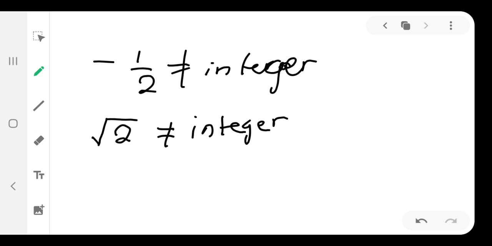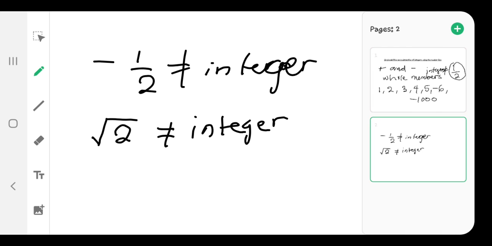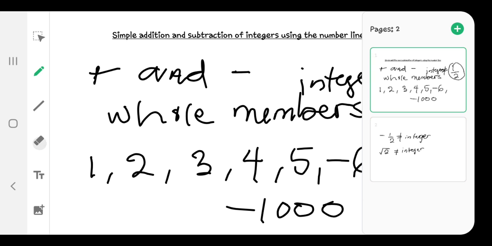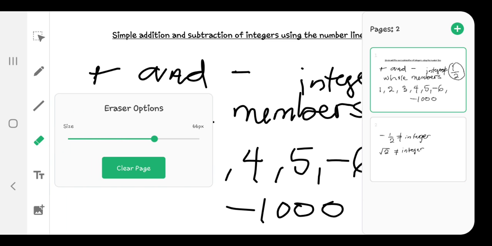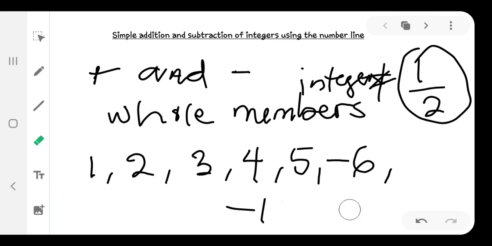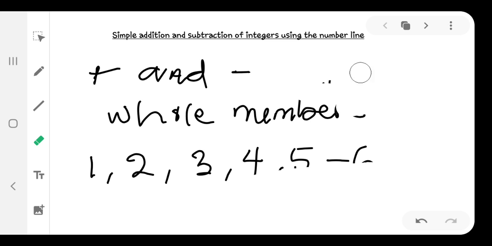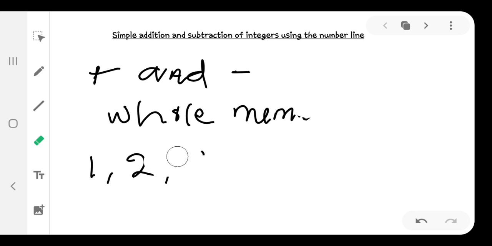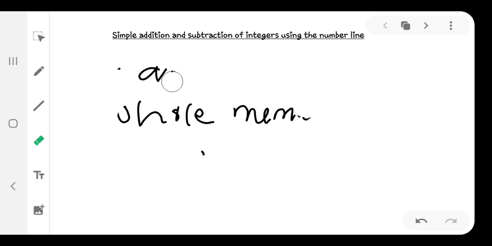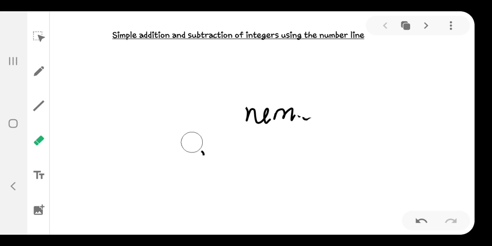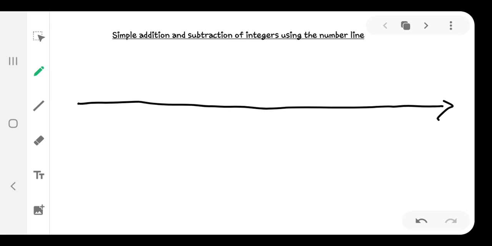Okay, so how about the number line? Let me wipe my board real quick. A number line is basically a line to represent integers.